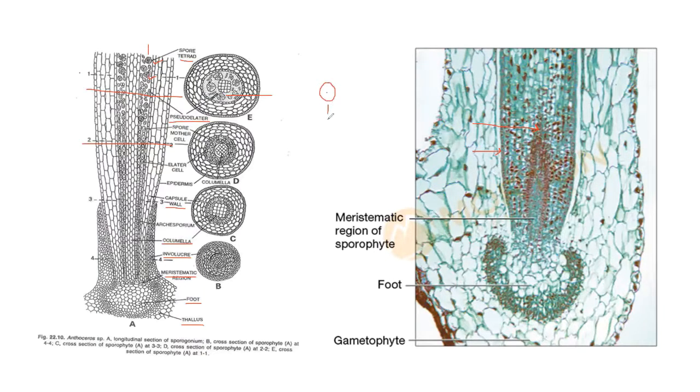This spore mother cell undergoes meiosis, and the result is the formation of a tetrad, and this tetrad consists of 4 spores. Each spore is haploid, and the process of formation of these spores is referred to as sporogenesis.